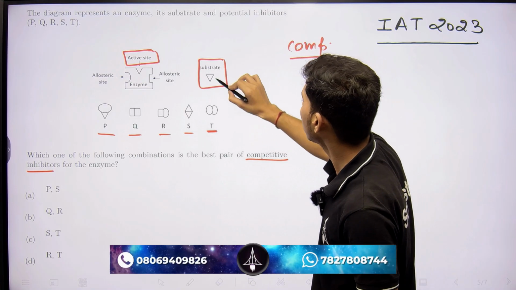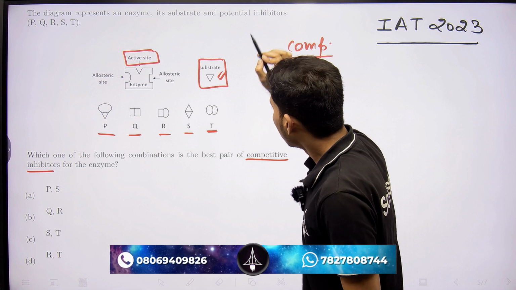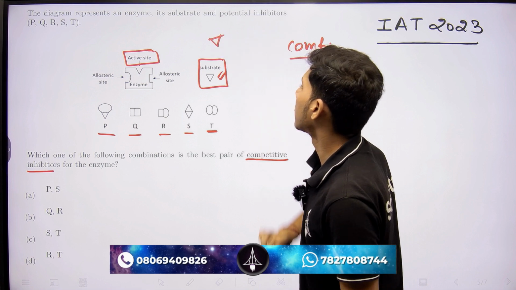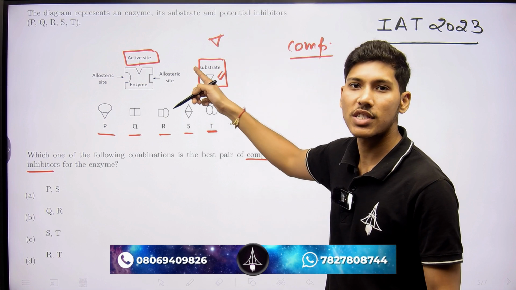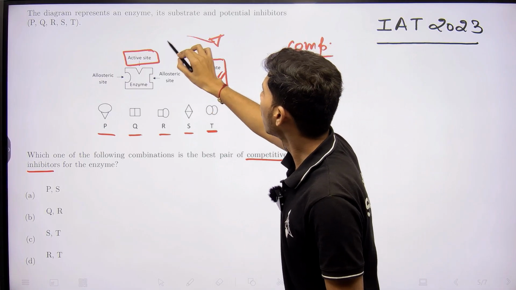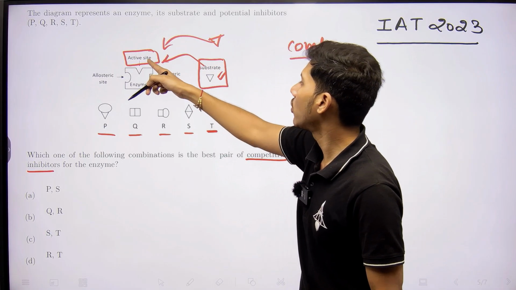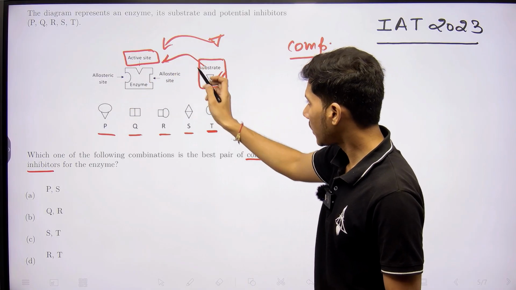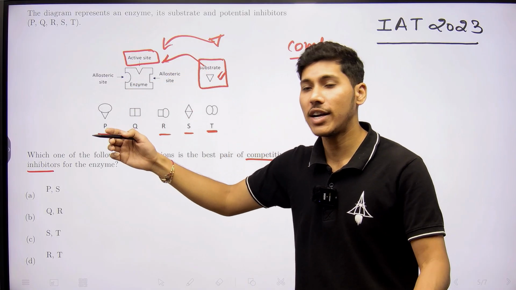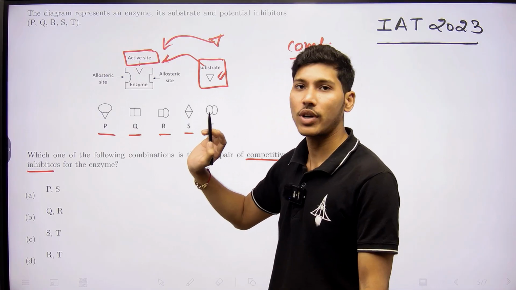Let's say this is a substrate. The inhibitor should also look like this. Now both of them will try to bind on the active site here, and one of them will of course bind to this active site.